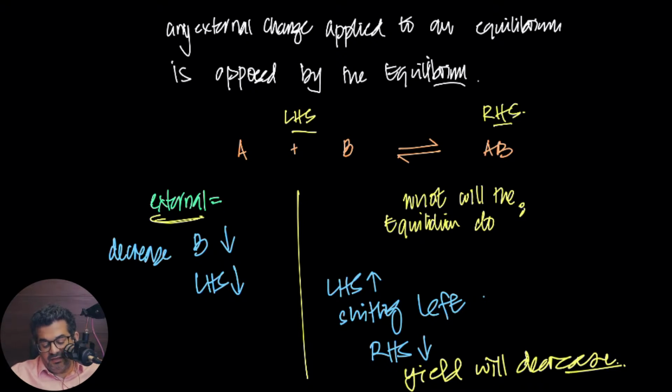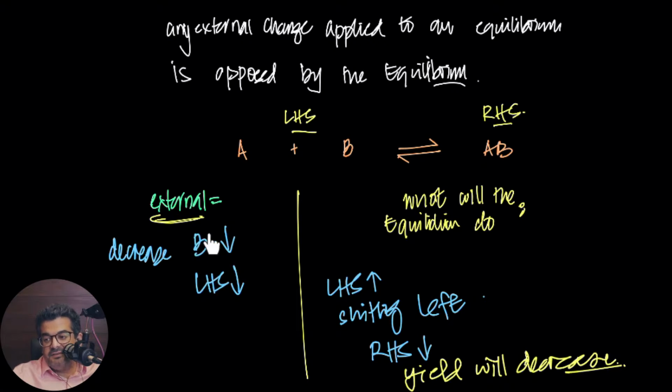I said instead of increasing A, we decrease B, meaning externally, after equilibrium, we have decreased B. What I did here was go back to the original equilibrium, but now instead of increasing A, let's decrease B. If I'm decreasing B externally, what I am really doing is decreasing the left hand side.